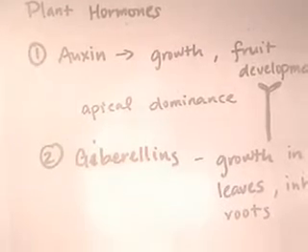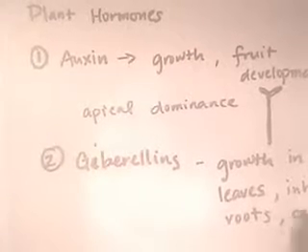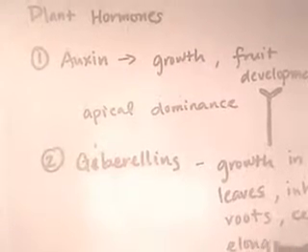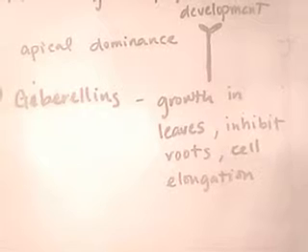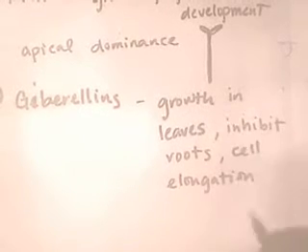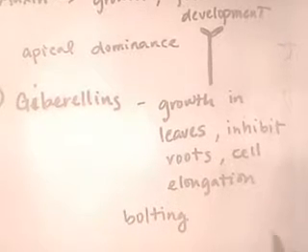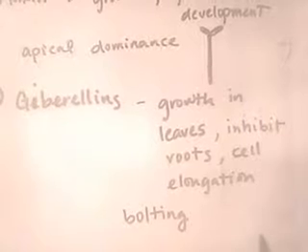And what they're also known for is cell elongation. So not only will they make the leaves grow, they'll make the stem cells get longer so that your plant gets taller faster. A lot of times what you see associated with gibberellins is a phenomenon called bolting, where you have a very, very tall plant, way taller than any other normal plant, and that's usually because it's been exposed to gibberellins.